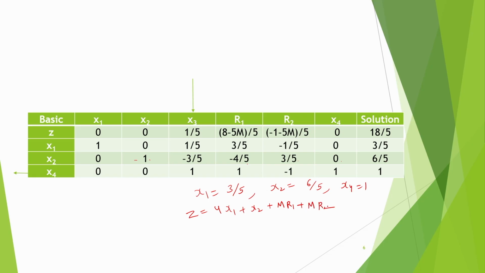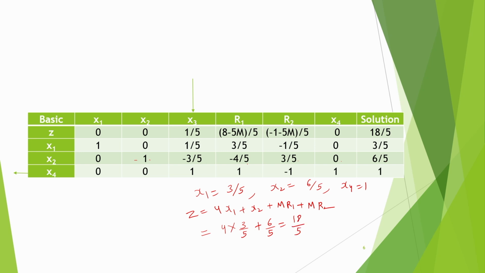Since R1 and R2 are not in the basic solution, that part is 0, but 4x1 plus x2 means 4 times 3 by 5 plus 6 by 5, so this is 18 by 5. So the solution has come 18 by 5.